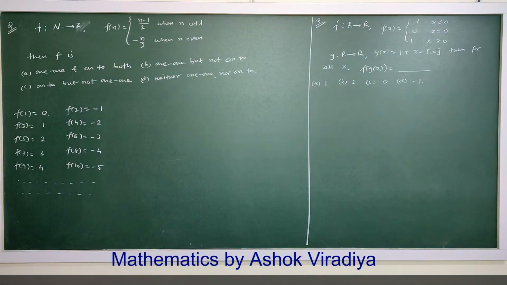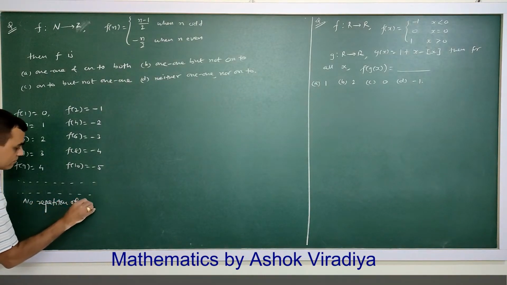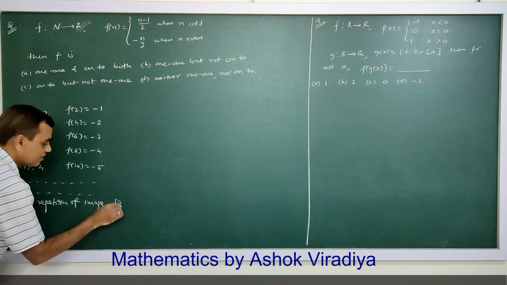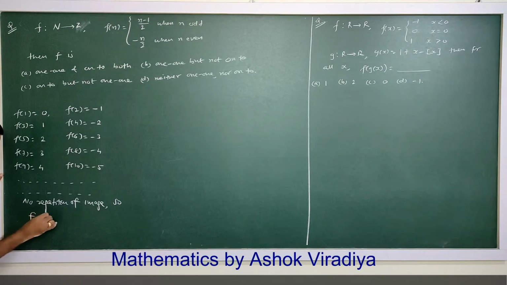So this function is one-one, since there is no repetition of image. And what is the range? The range contains all integers, all negative, all positive as well as 0.